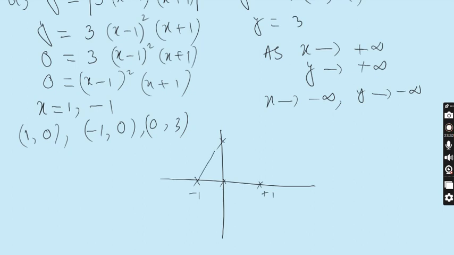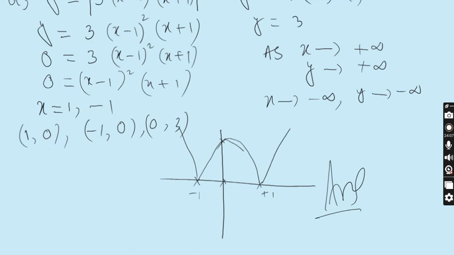So our graph is like this. You can see there is no part of the curve which is below the x-axis, so no need to reflect any part. So this is our final answer.